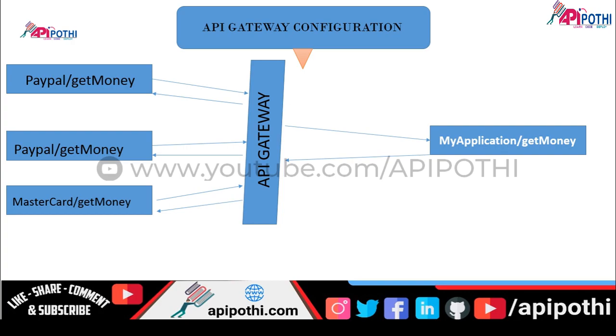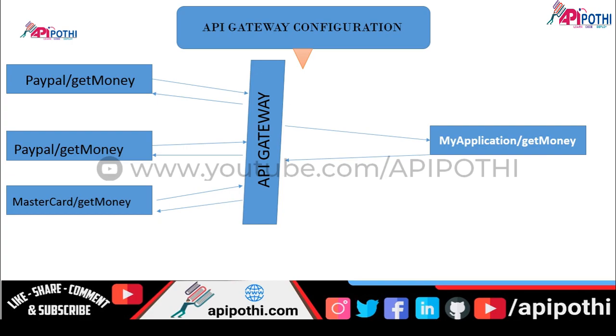Coming to the second task, the API gateway receives the request with this URI, and its responsibility is to translate it. The URI says PayPal wants to hit get money, so the API gateway will replace PayPal with the application name where the request is supposed to go.